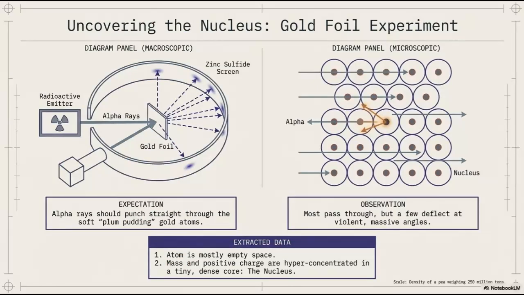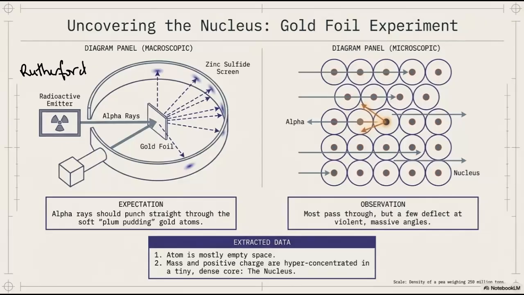Now the experiment that you do have to remember everything about is called the gold foil experiment. I'm pretty sure you remember that one. In this experiment, Rutherford took a radioactive emitter that emitted alpha ray particles.